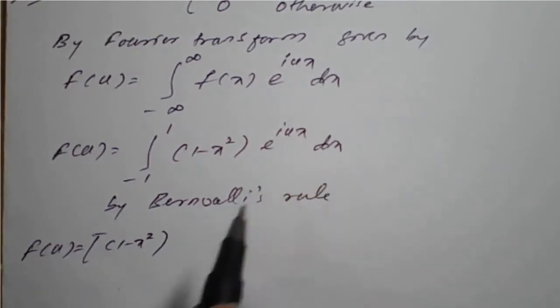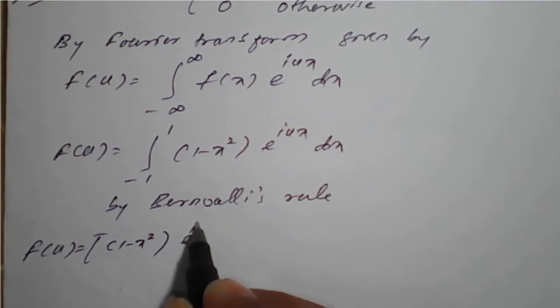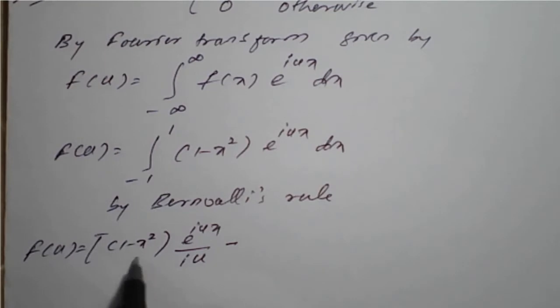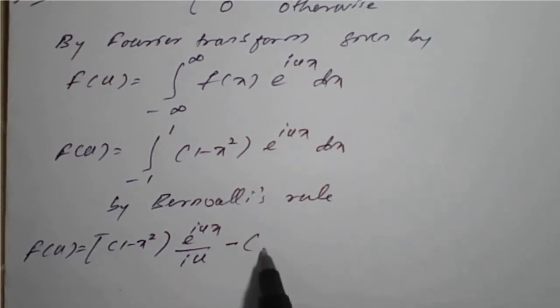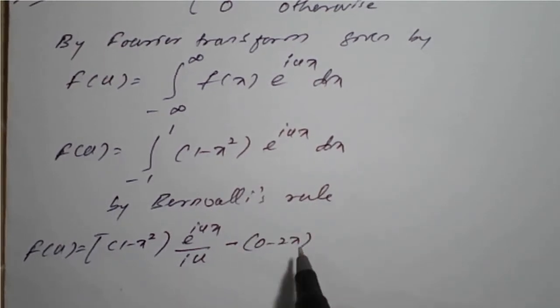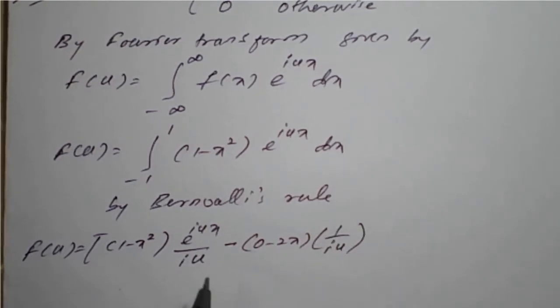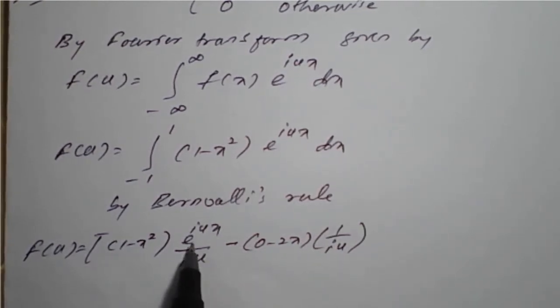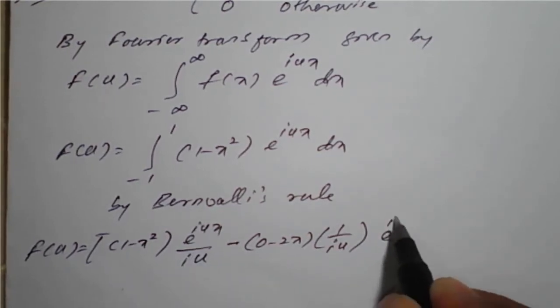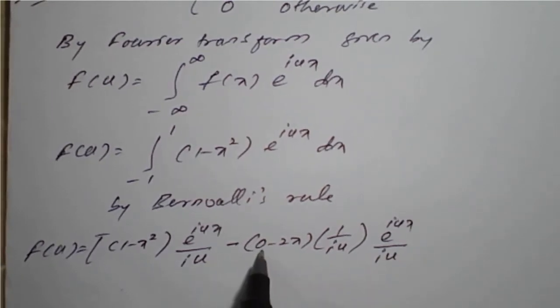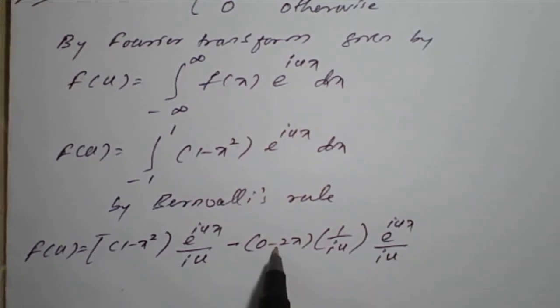Integration of e raised to i u x is nothing but e raised to i u x divided by i u. Minus, differentiation of 1 minus x square is 0 minus 2x, into 1 upon i u squared, means one-time integration completed. Integration of e raised to i u x is e raised to i u x divided by i u.